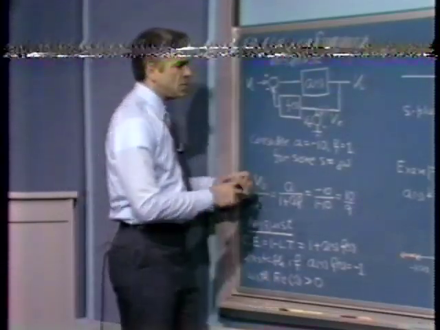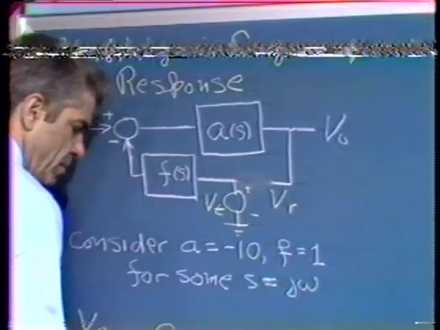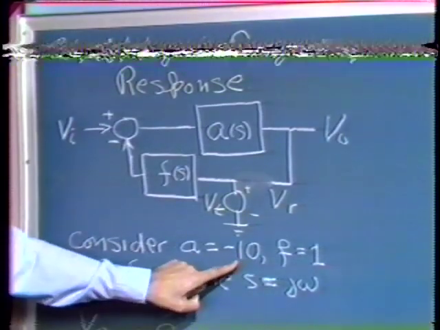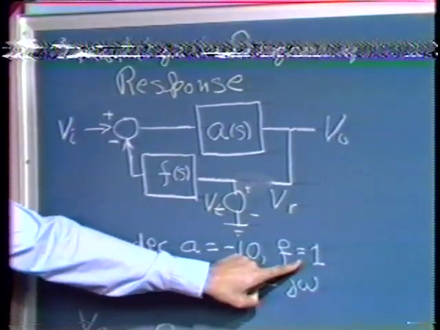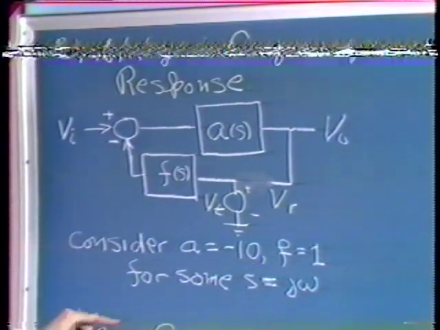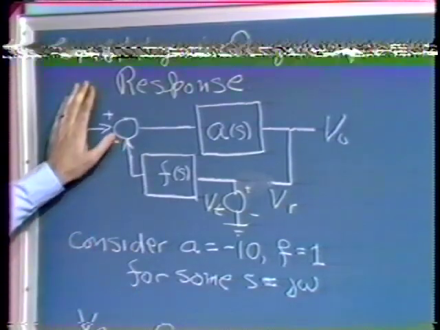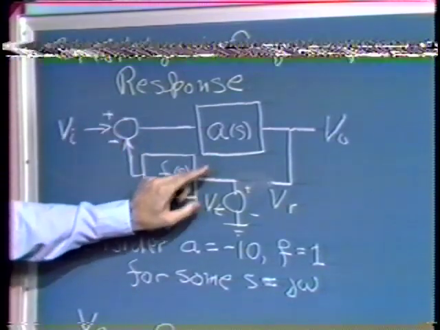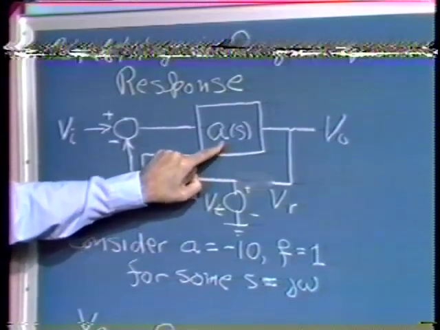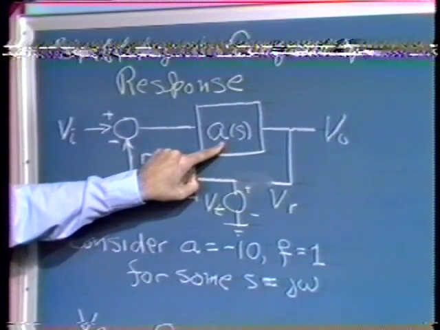Again, let's consider a system where we're making loop transmission measurements, and suppose we had an A of -10 and an F of 1 at some frequency. In other words, when we make sinusoidal steady-state measurements on the system, we make the input 0, we find that for some frequency of excitation, A has a magnitude of 10 and provides a 180-degree phase shift.